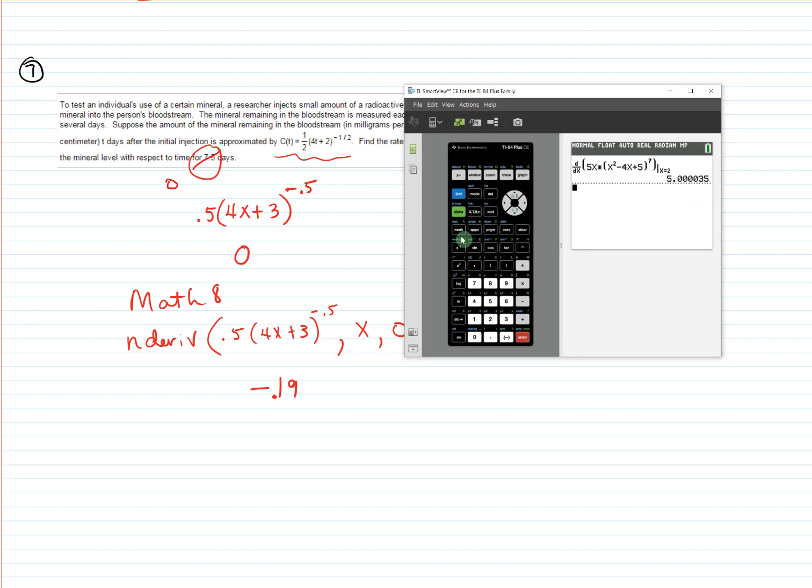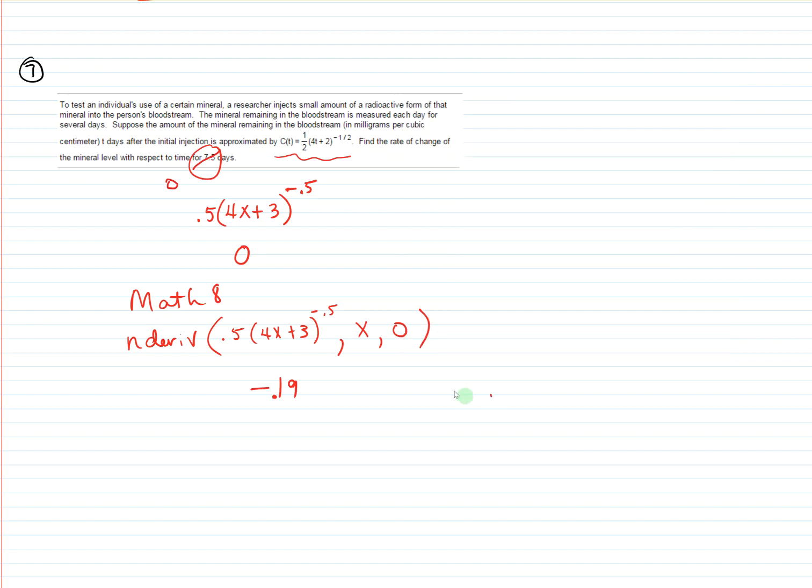So if you hit Math and 8, if you have the newer one, that number, whatever it is, goes there. Your function goes here, x goes here, and here. If you have the older calculator, you're going to hit it and you'll get this in deriv. You put the function, comma x, comma the number. And that should get you going on 12.3.